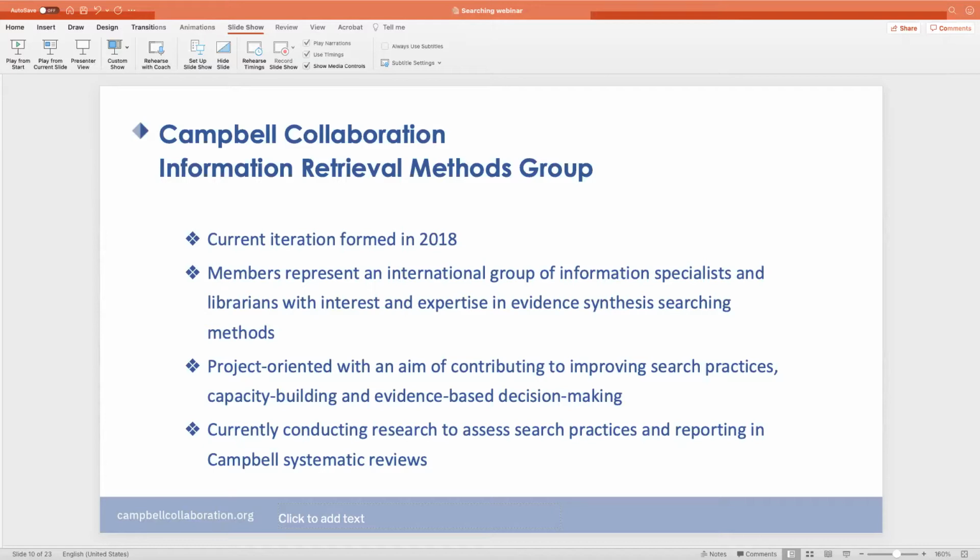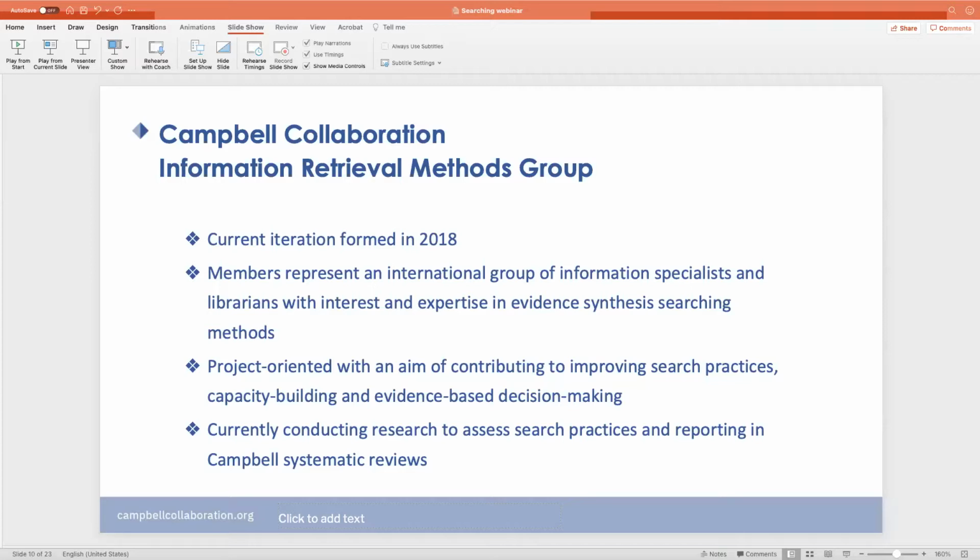I would say we're sort of a project-oriented group, so we collaborate quite a bit on projects to improve search practices, but we also contribute to areas related to training and capacity building for information specialists and researchers. And we have other projects that contribute in different ways to evidence-based decision-making.